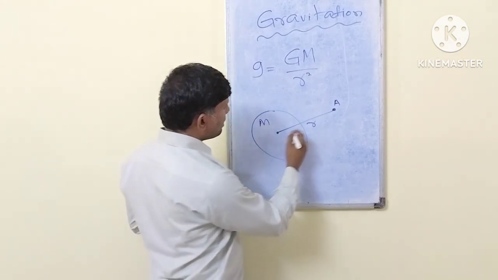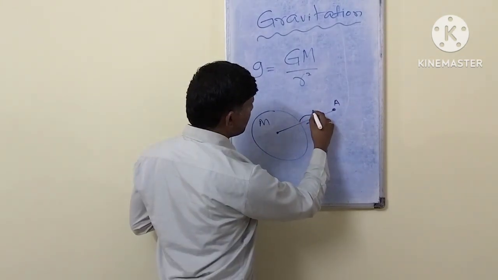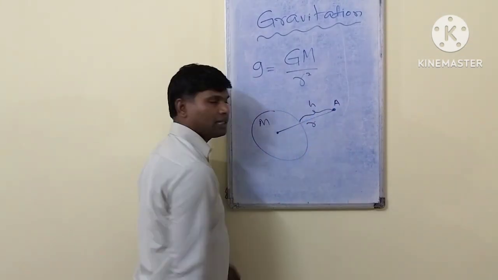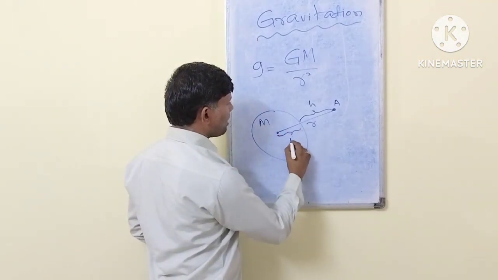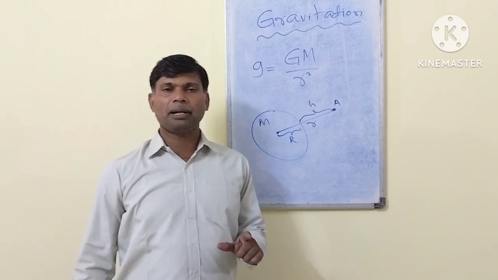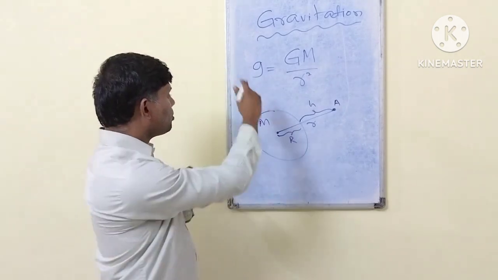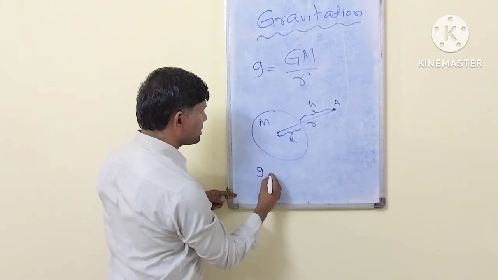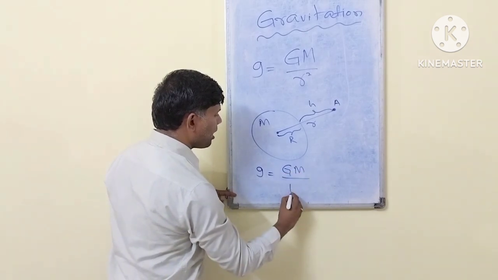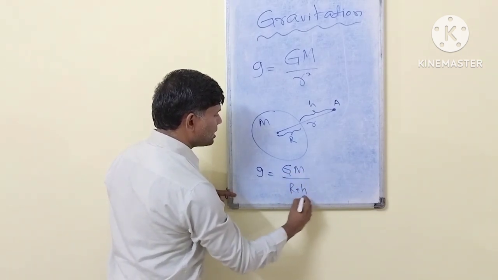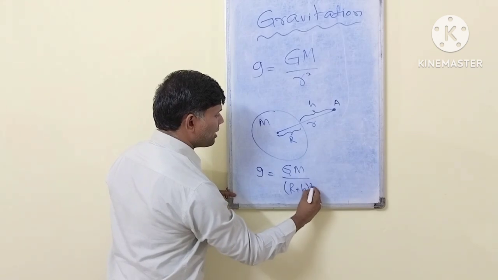So if you take from here to here, h, the height above the earth. From here to here, capital R. What is capital R? Radius of earth. Then how does the formula look? g is equal to G capital M divided by (R plus h) whole square.